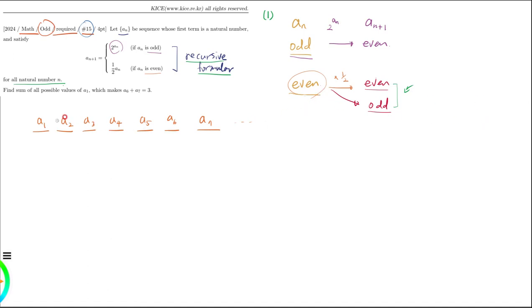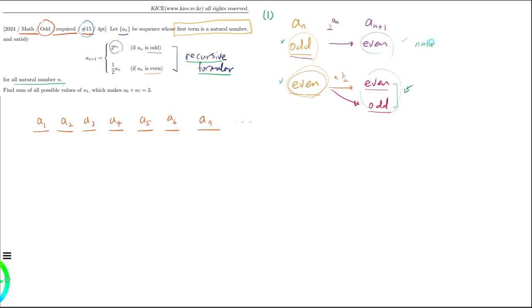As long as we start from a natural number, the first term is a natural number, whether it is odd or even, and then odd or even natural numbers keep producing natural numbers.